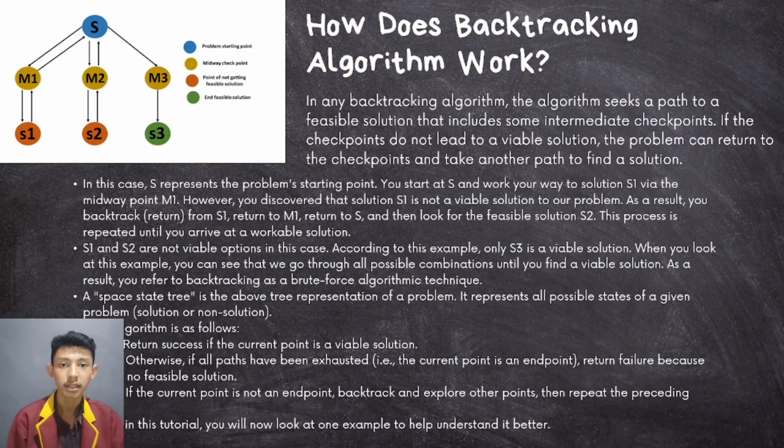And the last, step 3, if the current point is not an endpoint, backtrack and explore other points. Repeat the preceding steps. Moving on in this tutorial, you will now look at one example to help understand it better.